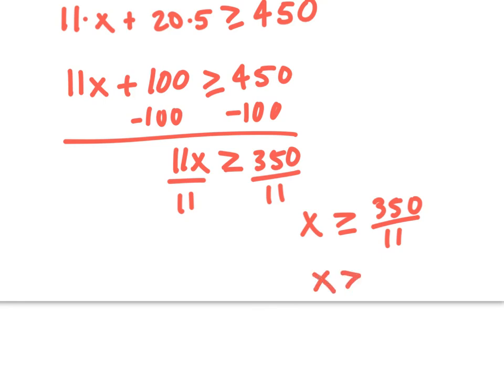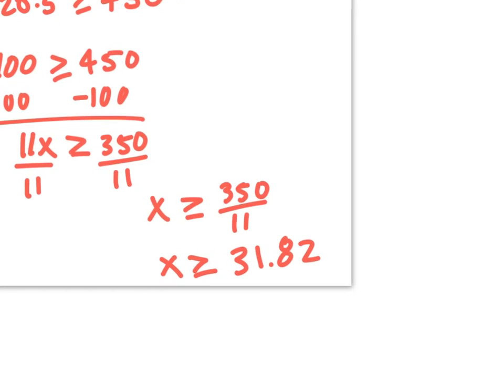So x is greater than 31. Let's just round it up. 31.82, and remember this is hours.